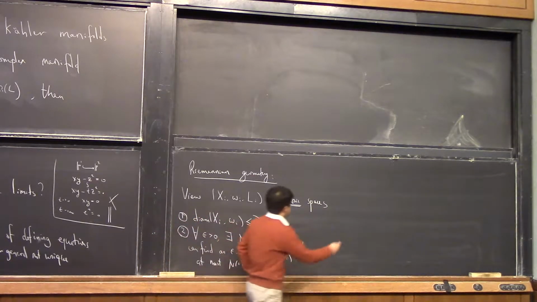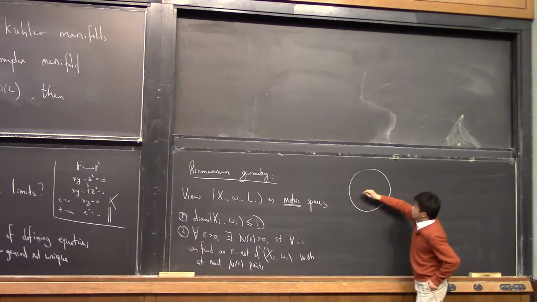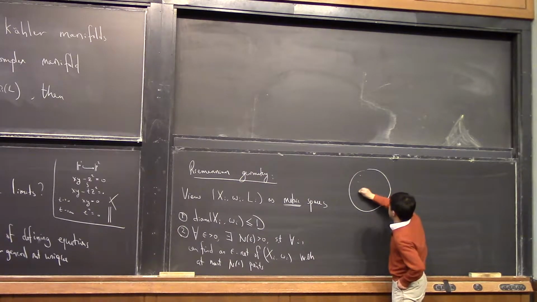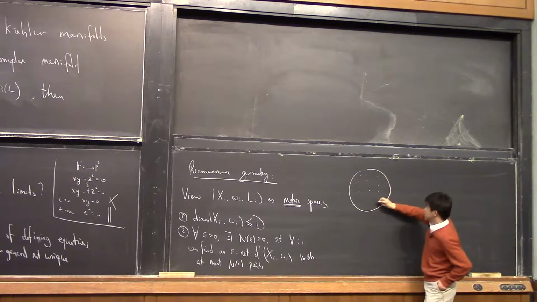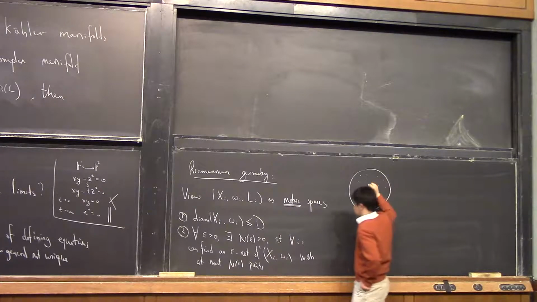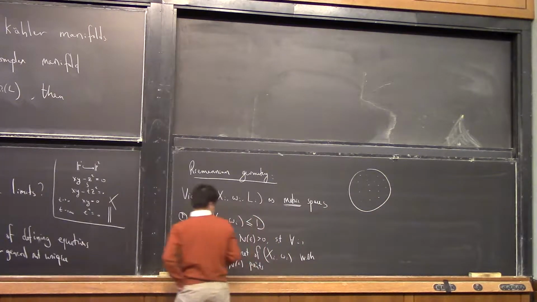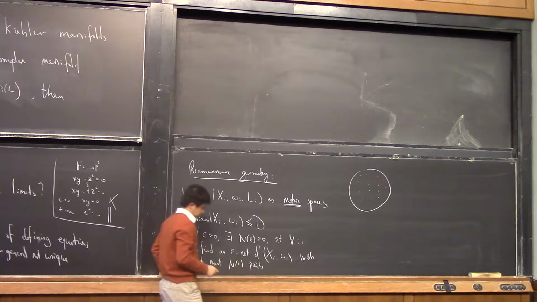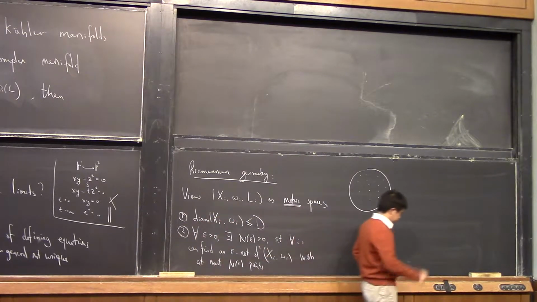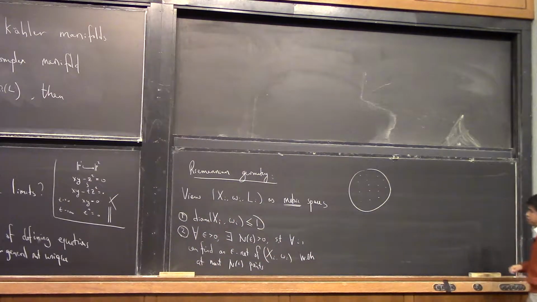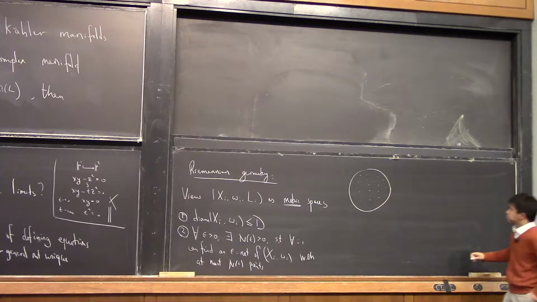So this is our space. An epsilon net is a subset of Xi where every point of Xi is within distance epsilon of this subset.